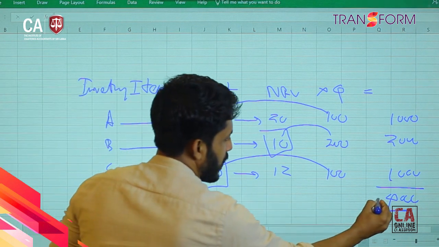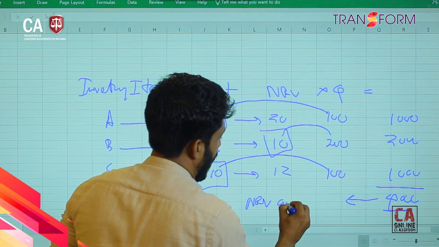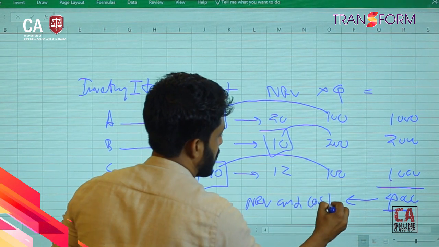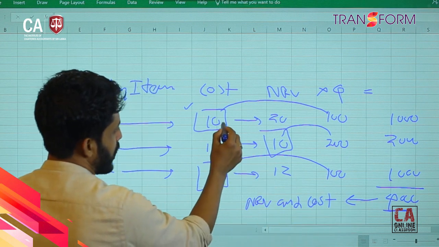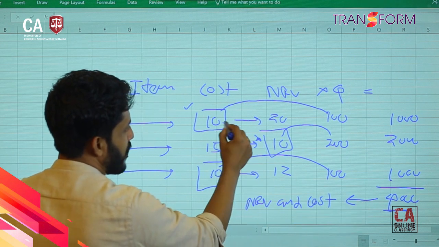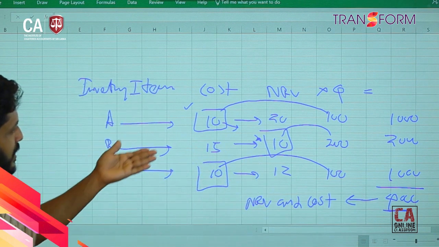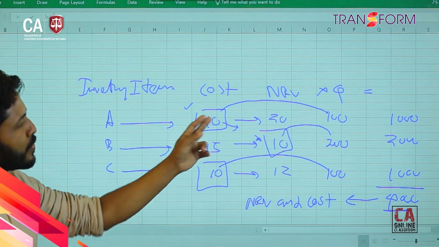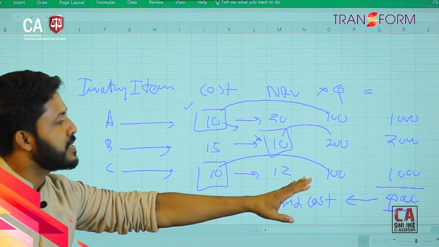This value included NRV and cost both. Why? Your balance included cost and NRV, both are included. By inventory item wise, you have to cross check and then get the NRV and cost whichever is lower.